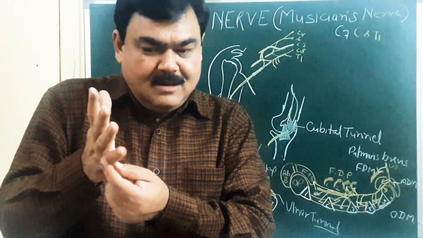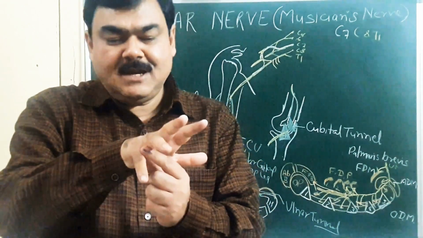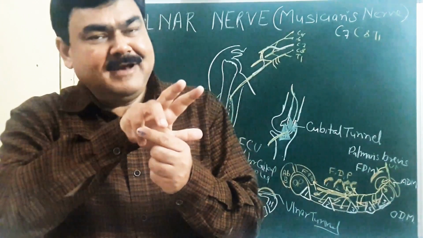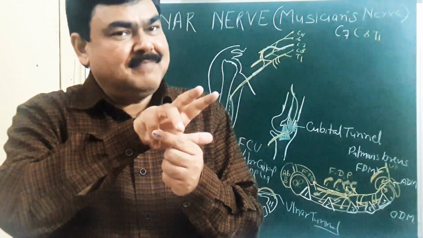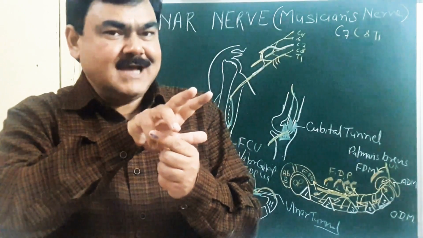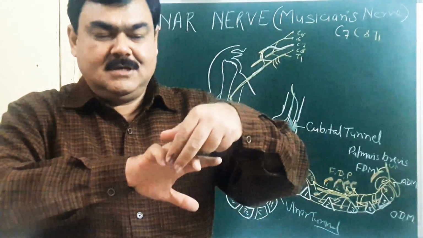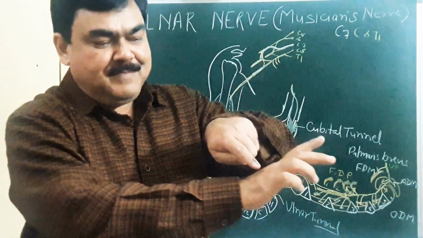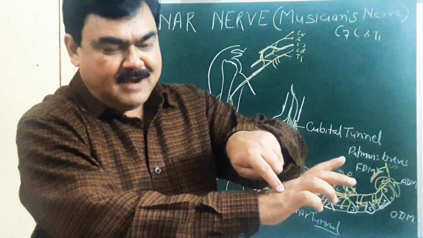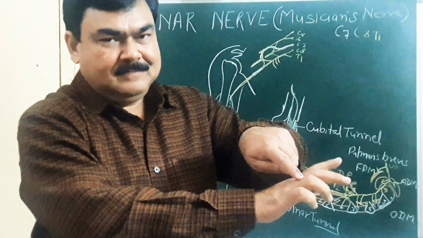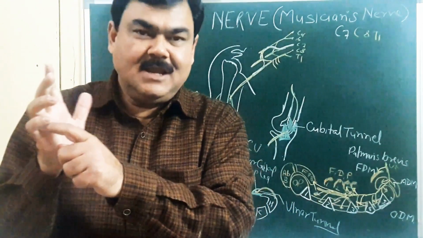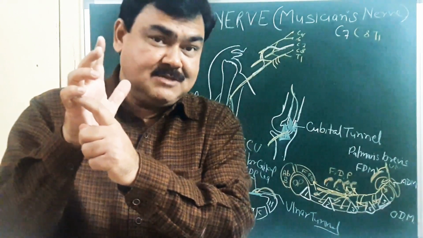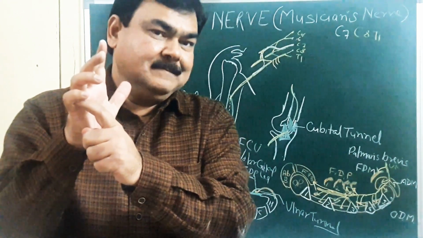The interossei and lumbricals are flexors at the metacarpophalangeal joint and extensors at the interphalangeal joint. If these muscles are paralyzed, due to unopposed action, the fingers become like this. There is hyperextension at the metacarpophalangeal joint and flexion at the proximal interphalangeal joint.